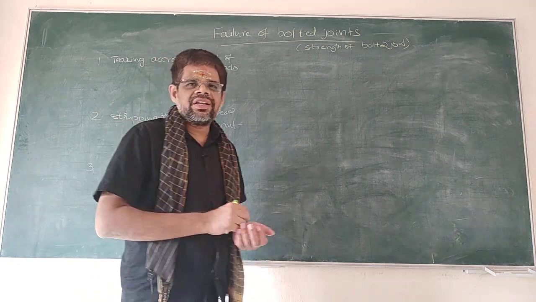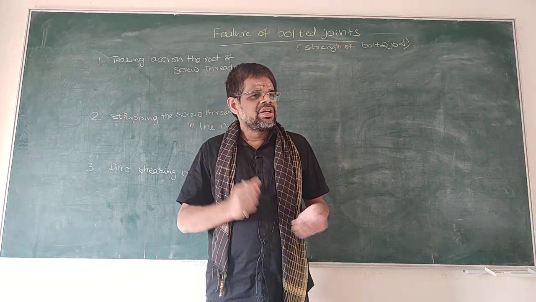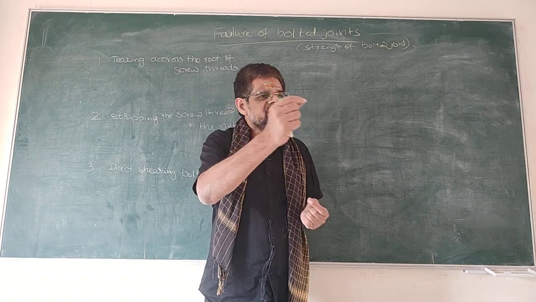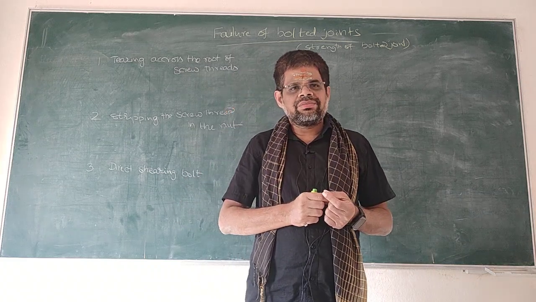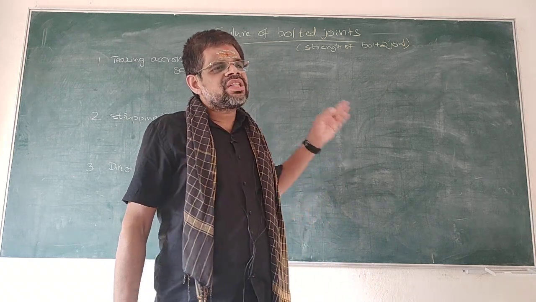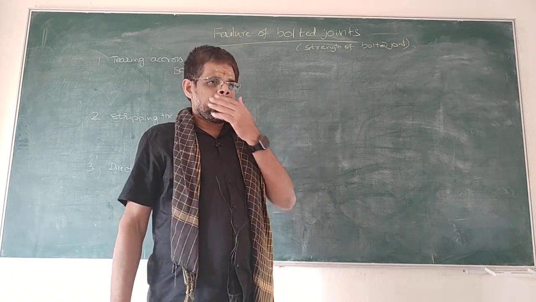Here in machine design, you are going to design a bolted joint. That means you are going to determine the safe dimensions of the bolted joint. Safe dimensions in the sense they have to withstand the forces or stresses which may develop during its functioning.